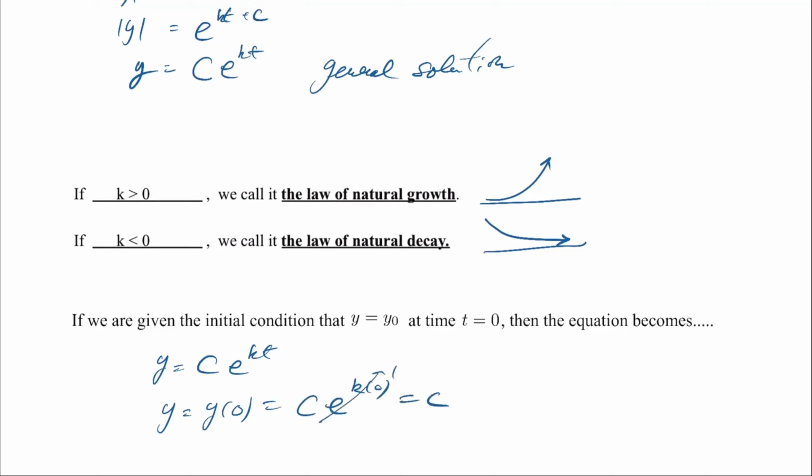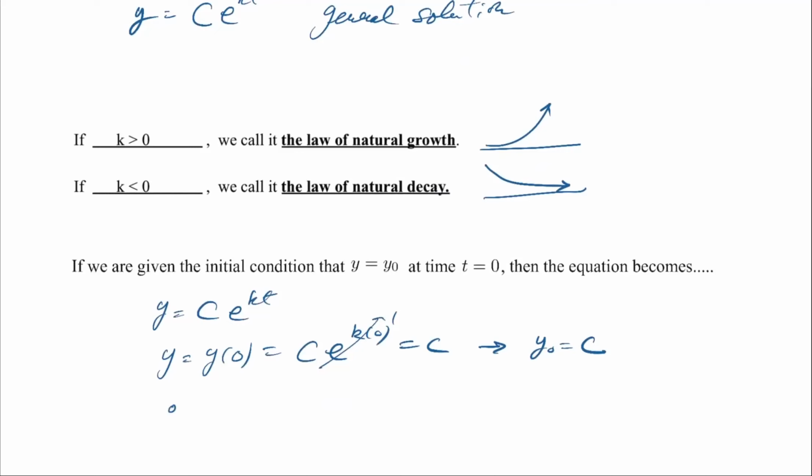So I just told you that y naught is equal to the c that we just had over here. So we could replace it. Therefore, y of t is y naught times e to the kt.